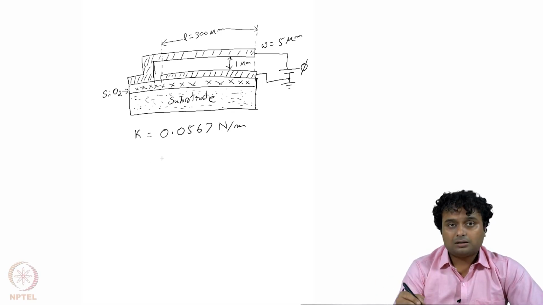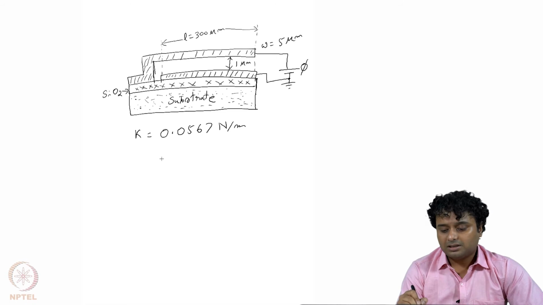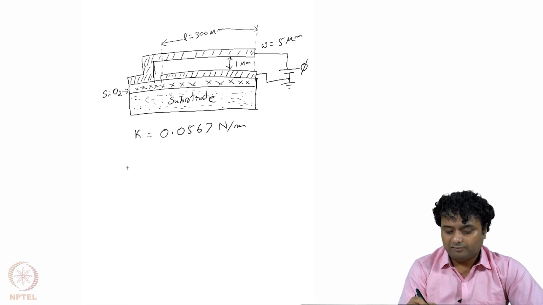From our earlier analysis, we know that the electrostatic force in this case will be half of epsilon r epsilon naught into A, right.